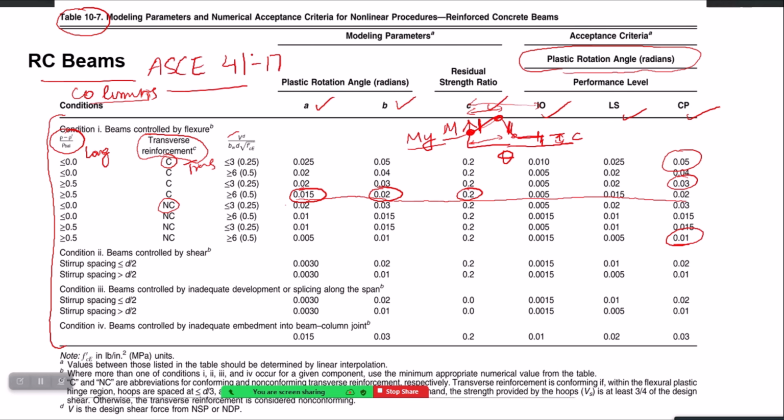And then this parameter, which is a function of shear force in the beam, function of the cross sectional geometry b and d, function of the f'c, expected f'c strength, which will be higher than nominal value, and this factor, depending upon that, you can pick the plastic rotation and acceptance criteria.